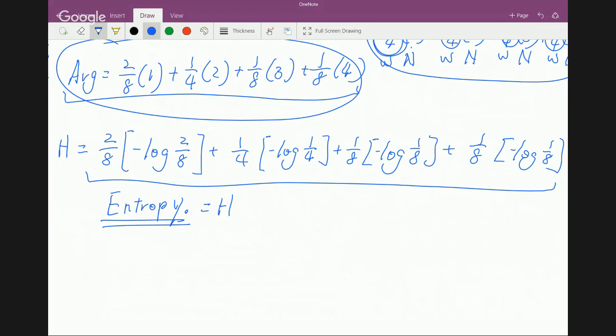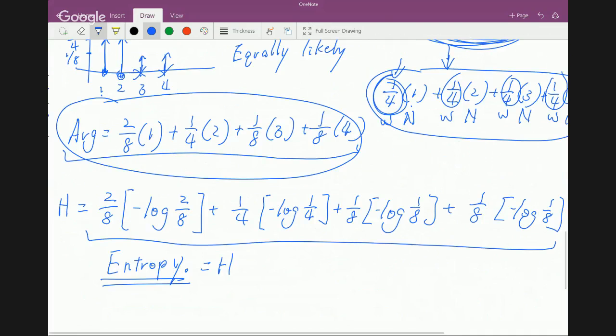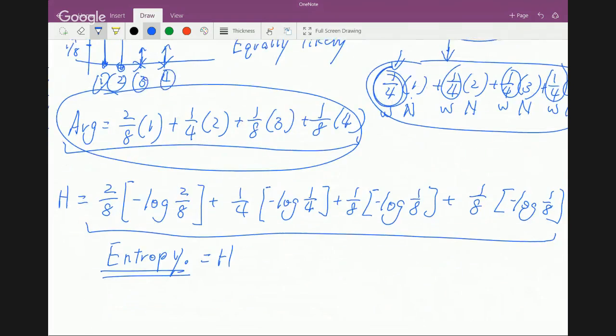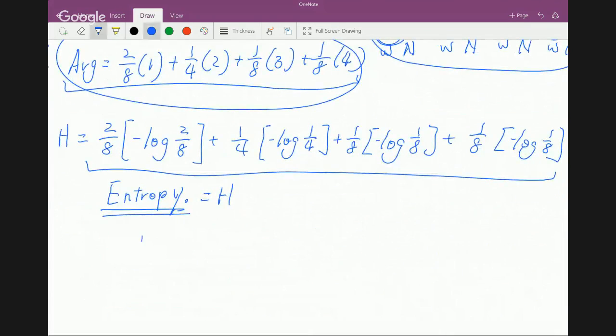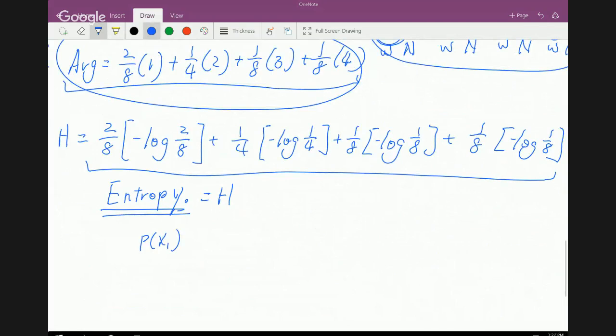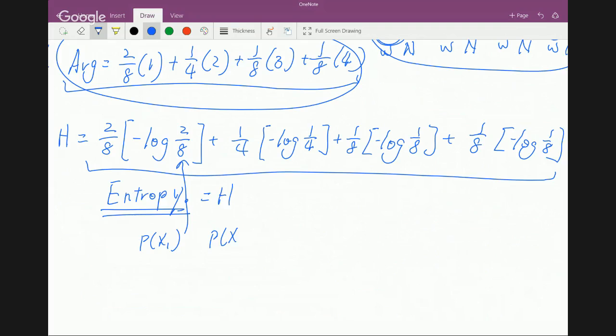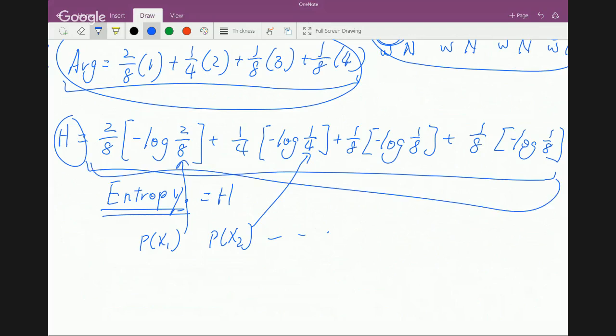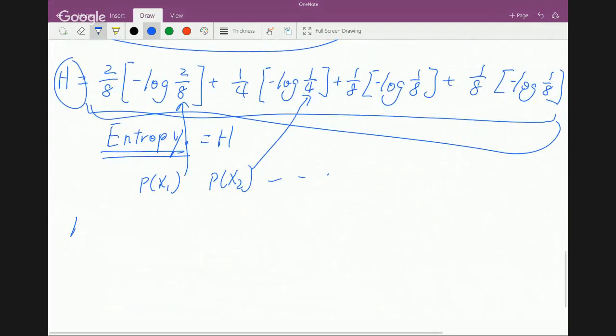So we have 4 events, right? 1, 2, 3, 4. So probability of x1, as we see, is 2/8, and then probability of x2 is 1/4, and so on and so forth. So this same thing could be rewritten as such.